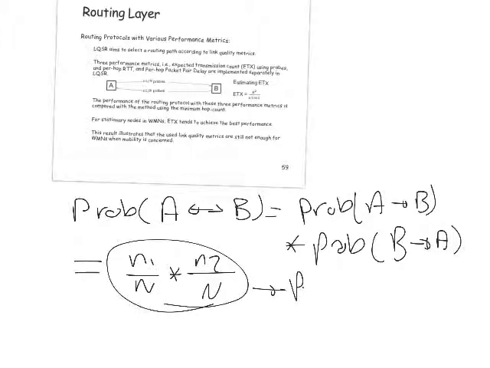The lower N is the total number of probes you sent. And N1 is the ones from A to B that were received successfully, the ones that actually reached B. If all of them reach B, then the probability is 1. N over N is 1. That's fine. So this is the probability for one single packet.